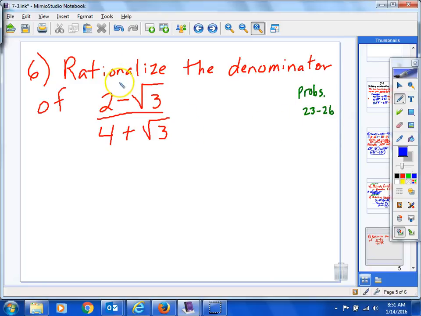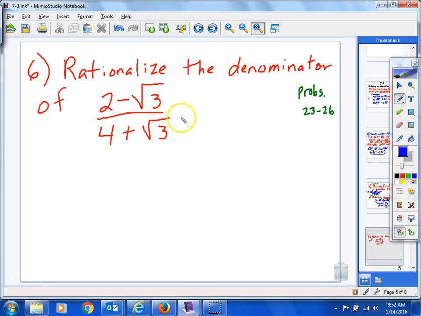The directions tell us to rationalize the denominator, and we learned in the previous lesson that rationalizing a denominator, in everyday language, just means get rid of the radical in the denominator. This is a little different because before we just had a monomial expression that we had to rationalize. Well, this is a binomial radical expression.